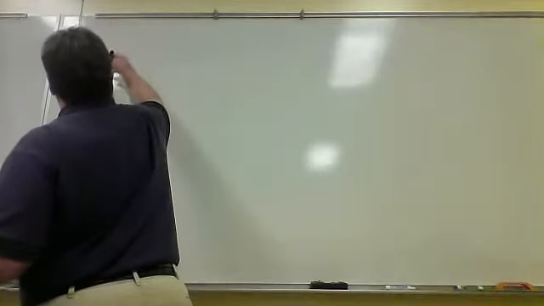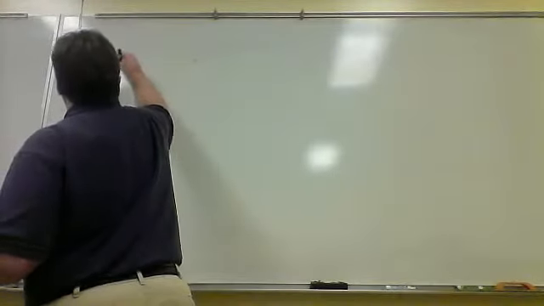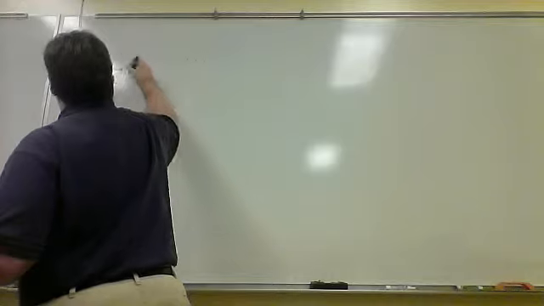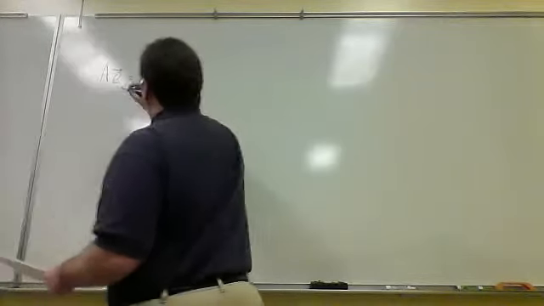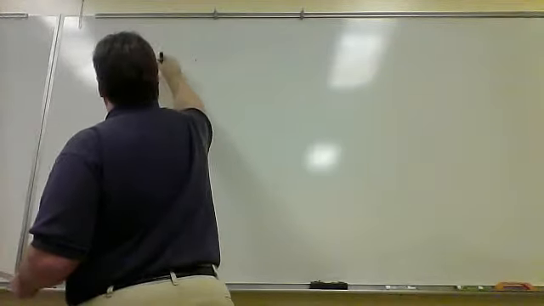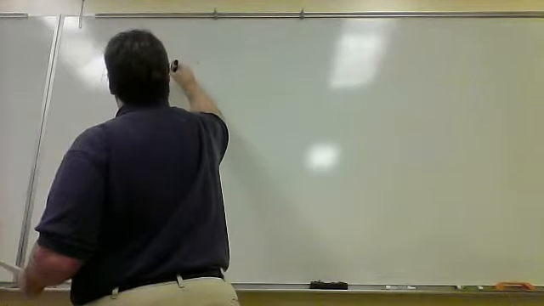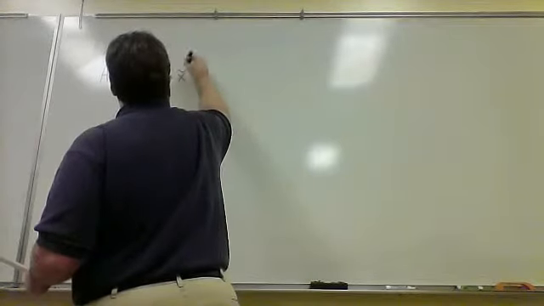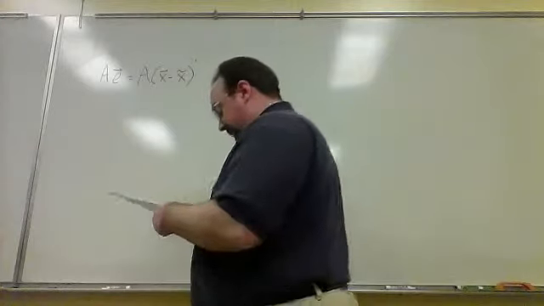Okay, so what I can do is take my error that I want, E, and multiply it by A. Now, error is defined as the exact solution, X, minus my computed solution, X tilde.